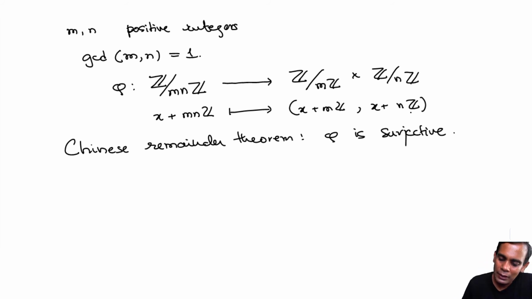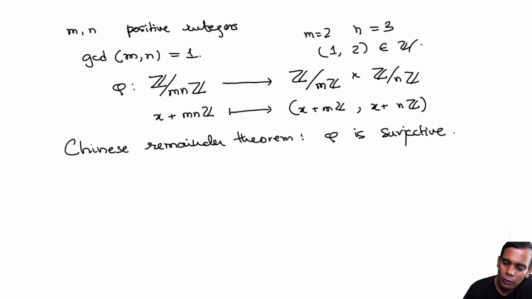So for example, let's take m equals 2 and n equals 3. If you want an element (1, 2) in Z mod 2Z cross Z mod 3Z, so you want an integer whose remainder is 1 when divided by 2 and whose remainder is 2 when divided by 3, modulo 6.